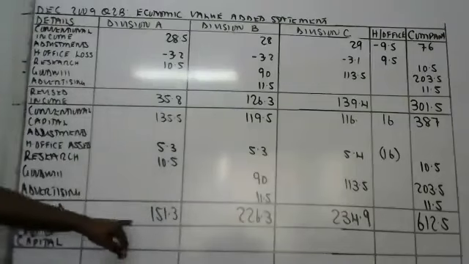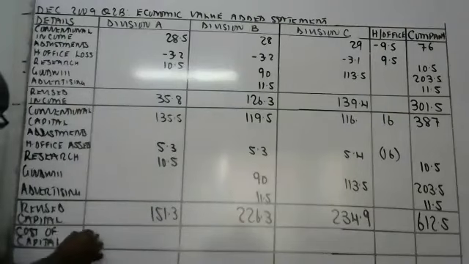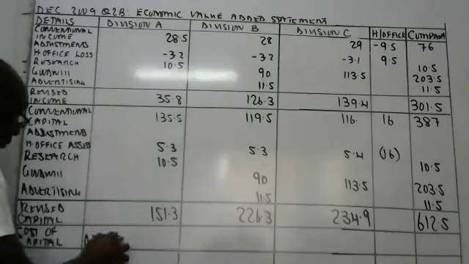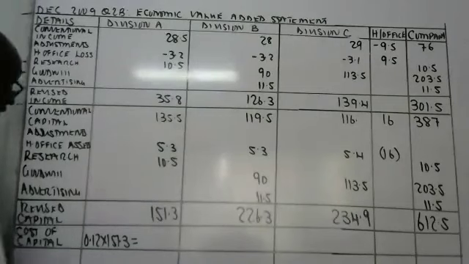So utakuwa unachukua this one, you multiply by, so kama hii sasa utasema ni 0.12 times 151.3. 12% of the revised capital. Don't round up, give me now the full figure.